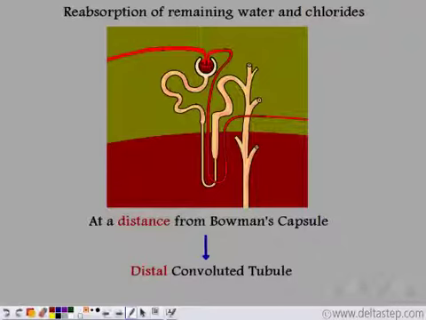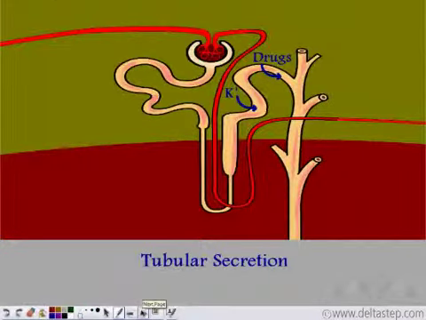After the selective reabsorption of water and minerals in various parts, minerals like potassium and foreign drugs like penicillin that come from the blood vessels into the tissue space of cortex are taken up by cells of the wall of the distal convoluted tubule, this one.